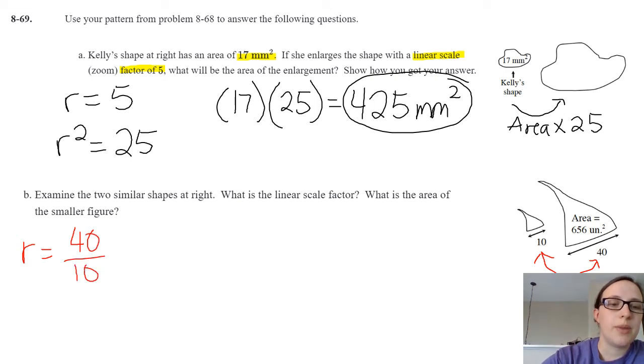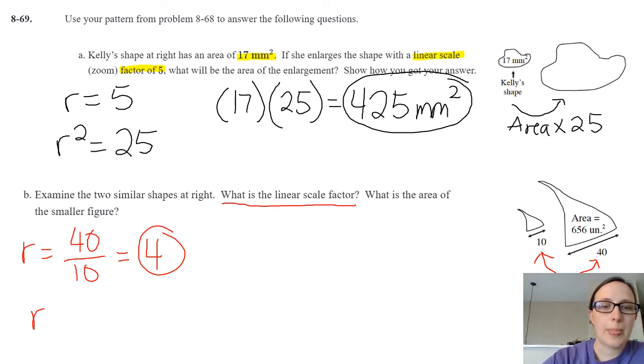So 40 divided by 10 is 4. All right, so the right-hand side, that larger shape is 4 times larger than the smaller shape, so that answers our first question. What is the linear scale factor?